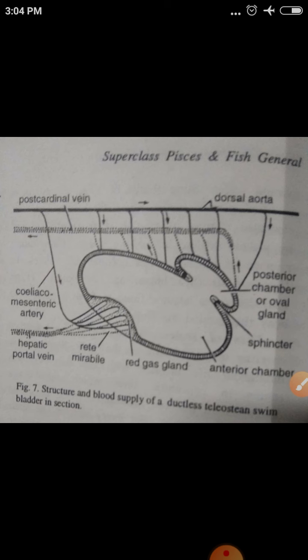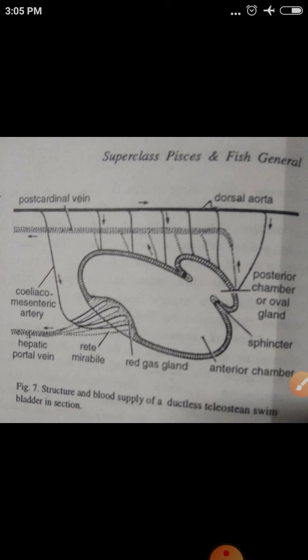In physostomous teleosts, the air bladder is connected to the pharynx, which also gulps air. The bladder serves as an accessory respiratory organ. Even in physoclistous, that is ductless teleosts, the bladder is said to store oxygen to be utilized during deficiency.